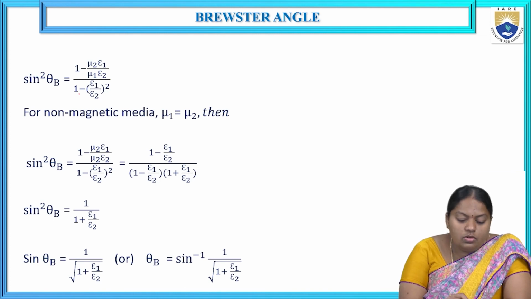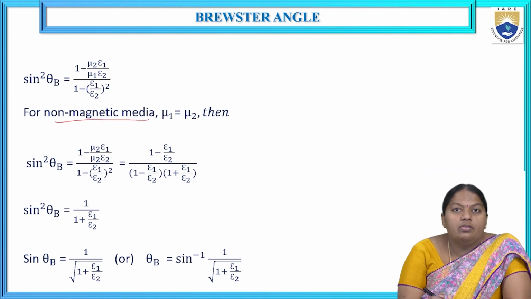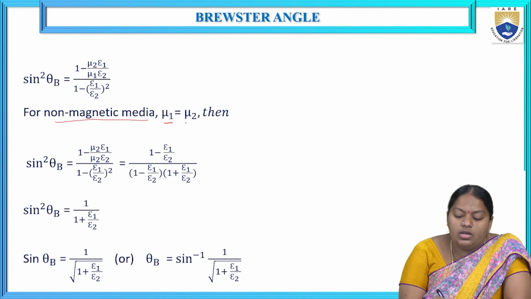Right? So upon simplifying this equation, for a non-magnetic medium, we will be assuming here mu1 equal to mu2. Then by substituting mu1 and mu2 by the same value, identically mu1 by mu2 or mu2 by mu1, it becomes sine square theta b equal to (1 minus mu2 epsilon 1 by mu2 epsilon 2) by (1 minus epsilon 1 by epsilon 2) whole square.